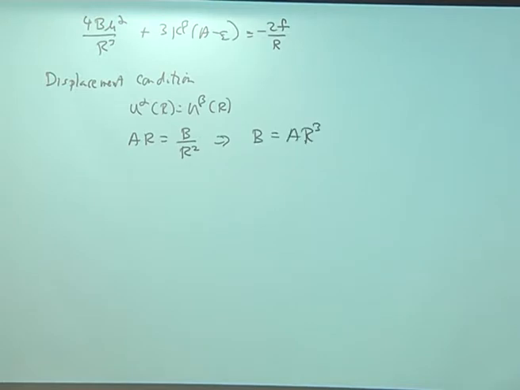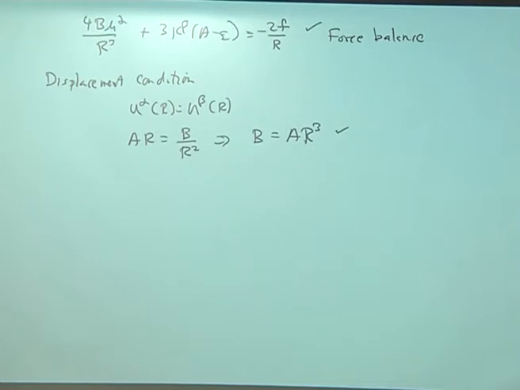Okay, and so now this is from the force balance. Questions? That's the displacement condition. And so you have two equations and two unknowns for each of the A's and the B's.